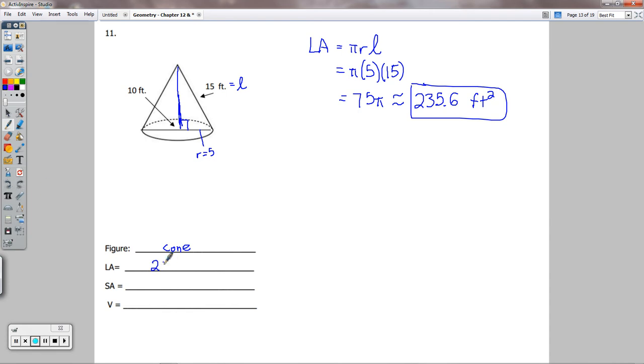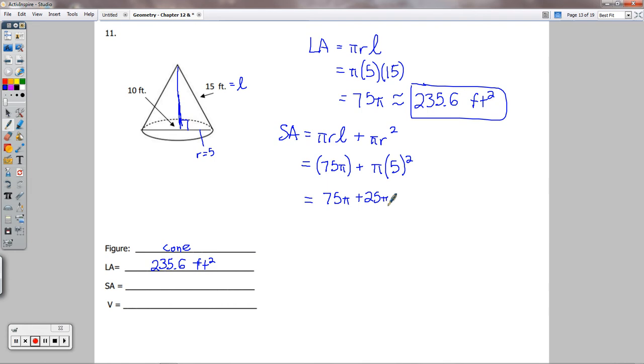235.6 feet squared. Surface area is that lateral area plus the base, the pi r squared. So you've got 75 pi plus pi times the radius, which is 5, squared, so 75 pi plus 25 pi, 100 pi.